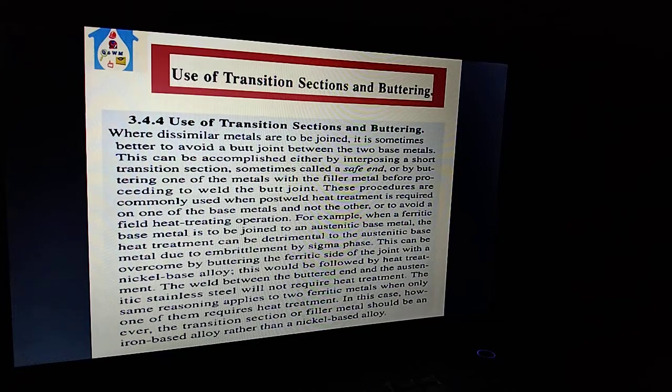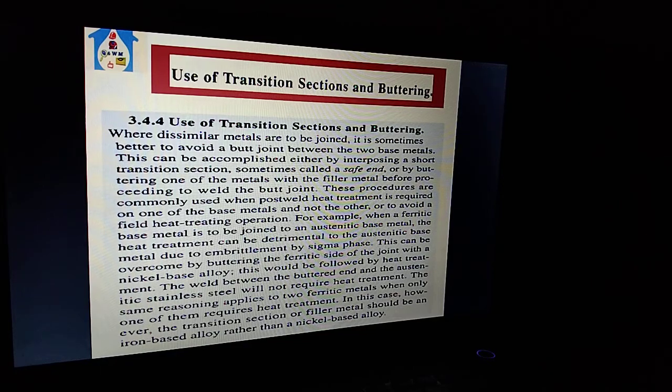Use of transition sections or buttering. Use of transition sections and buttering where dissimilar metals are to be joined. It is sometimes better to avoid a butt joint between the two base metals.